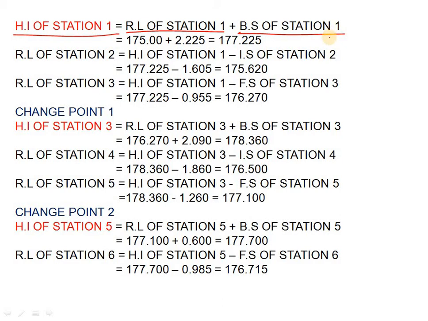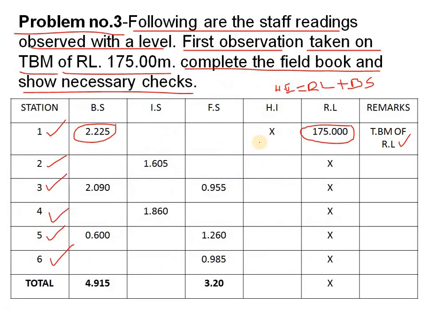Like this you have to write the points in the examination compulsorily. So RL of station 1 is 175 plus 2.225. We got 177.225. We have to write here 177.225. So this is the height of the instrument of station point 1.